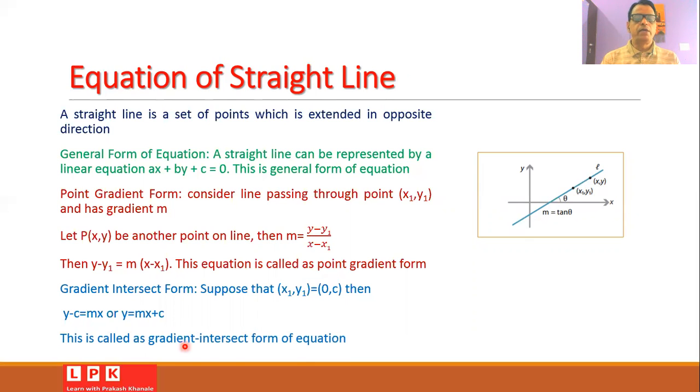This form of the equation is called the gradient intercept form of the equation. So this is another form of the straight line equation. So y is equal to mx plus c. So here the condition is that the line must be intersecting the y-axis at c.